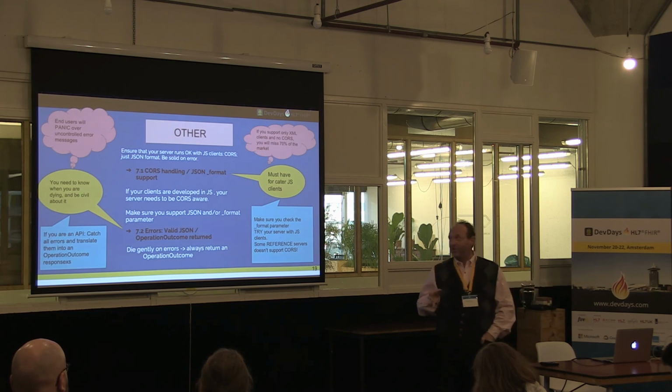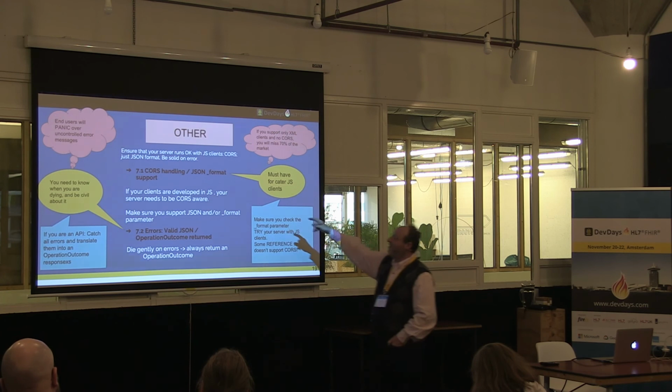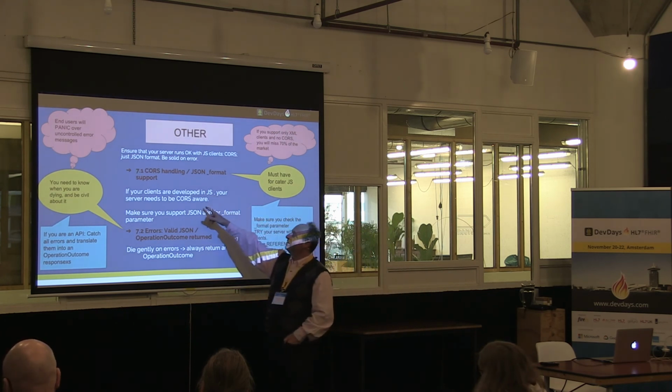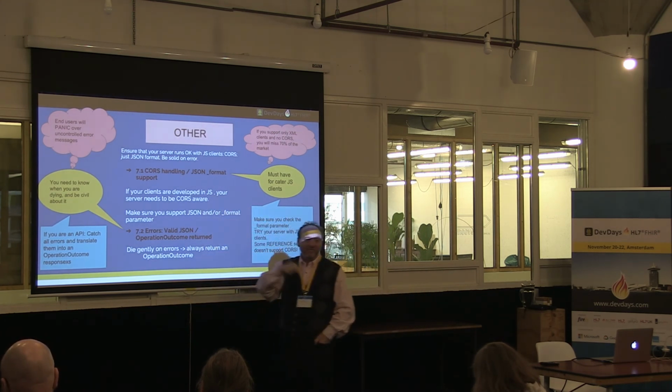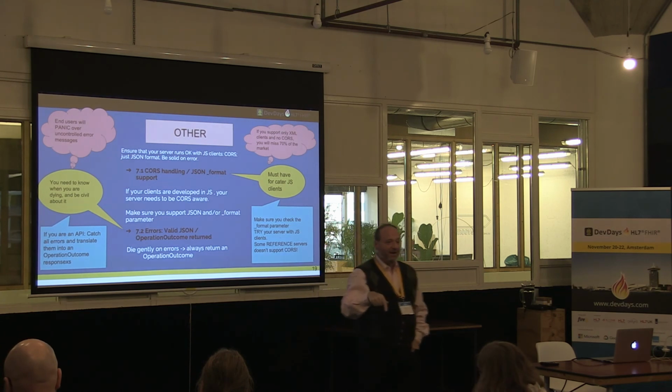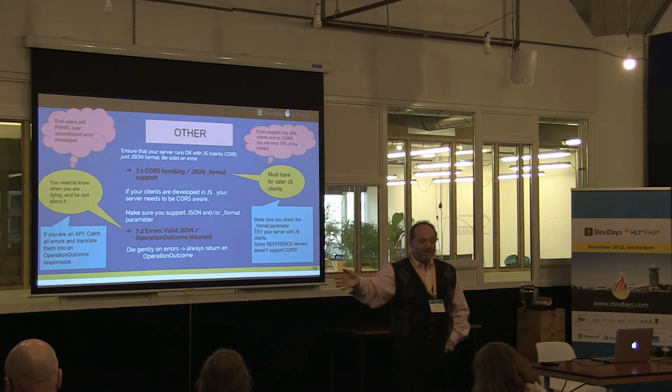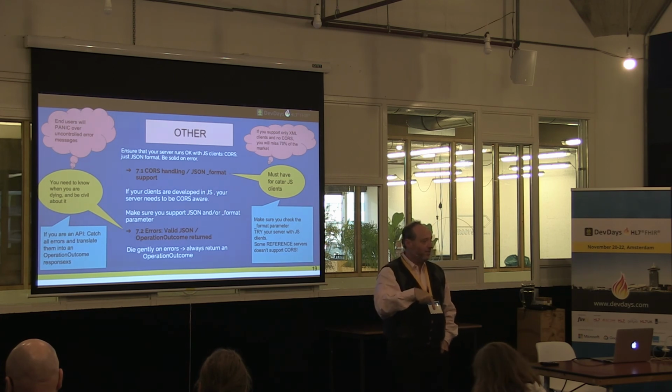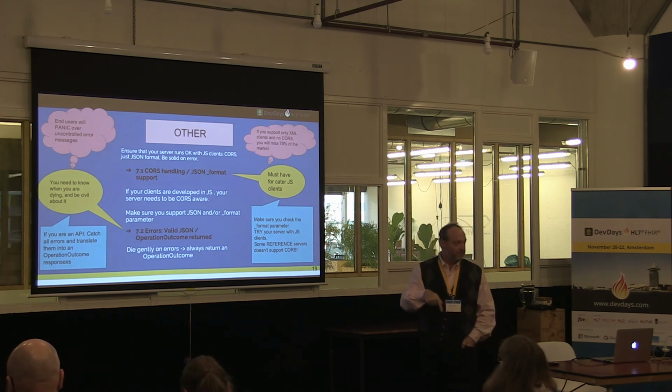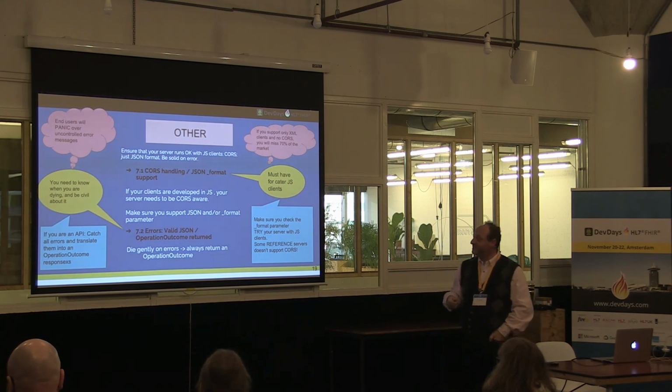You cannot support only XML. So if you develop in JavaScript, you have to be CORS aware. Of the reference servers in FHIR right now, there are like 20. Some of them don't support CORS, so if you program in JavaScript, your program will not work at all with these servers.